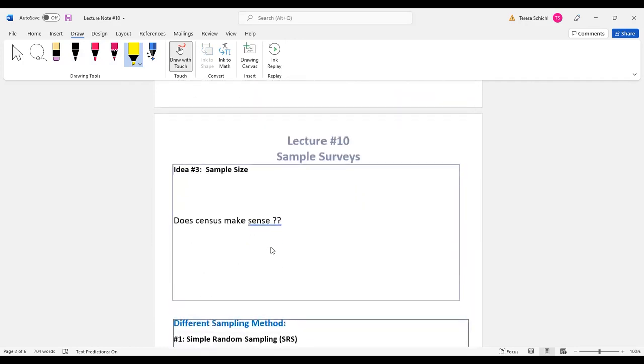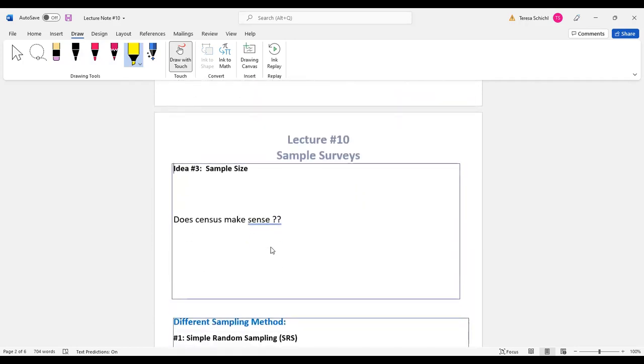Okay, so then the next thing we call the sample size. The sample size is what matters here.